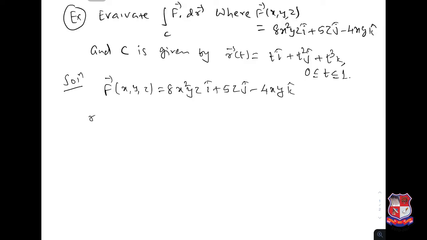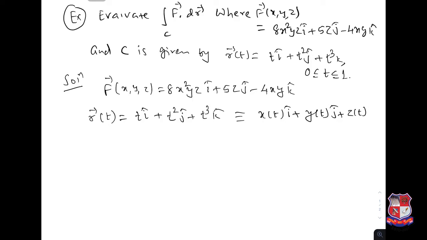Now r is t i plus t square j plus t cube k, so we can say x(t) i caret plus y(t) j caret plus z(t) k caret.